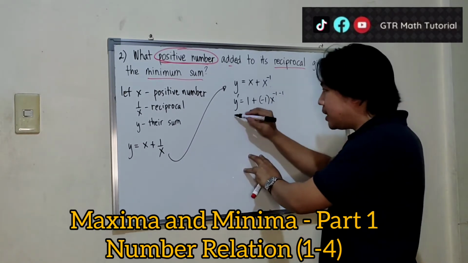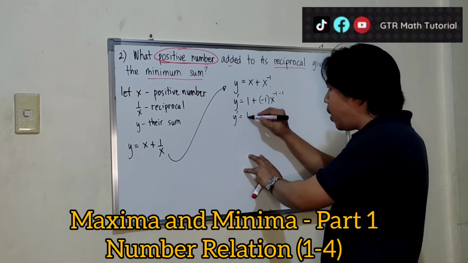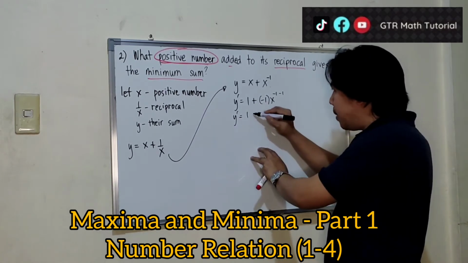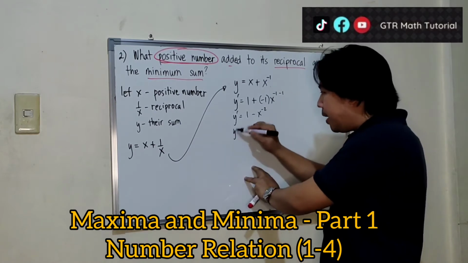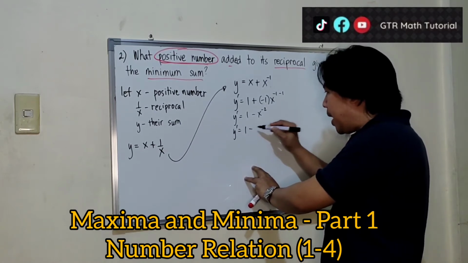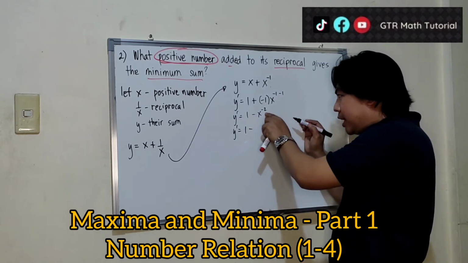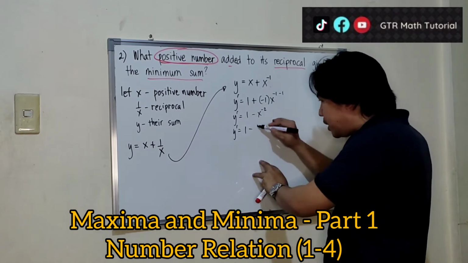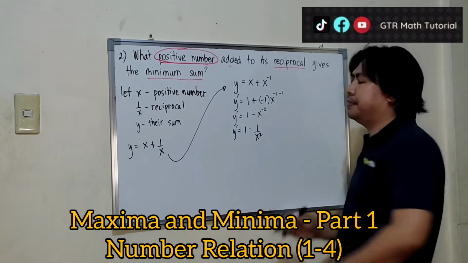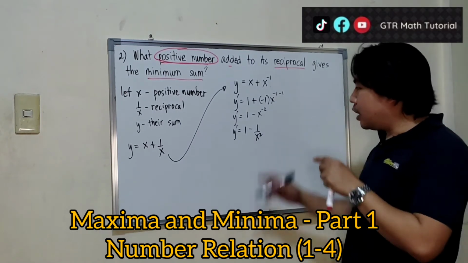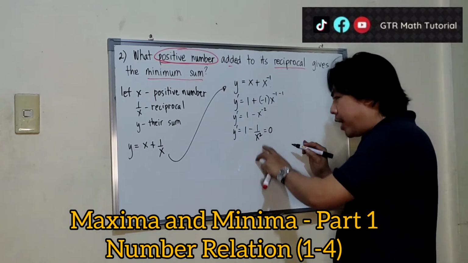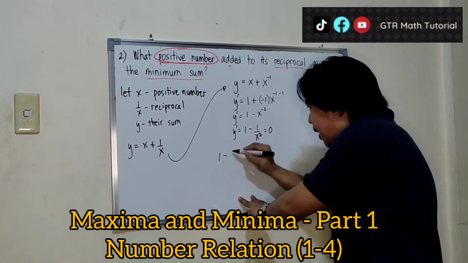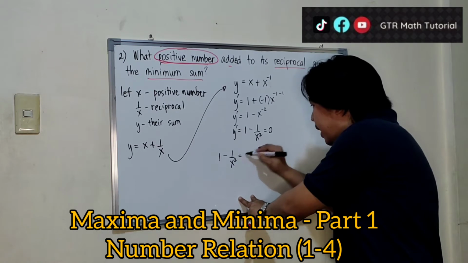Let's simplify. y prime is equal to 1 minus x raised to negative 2, or y prime is equal to 1 minus 1 over x squared, putting it in the denominator since we have a negative exponent. Now equate to 0 and solve for x. So we have 1 minus 1 over x squared equals 0.